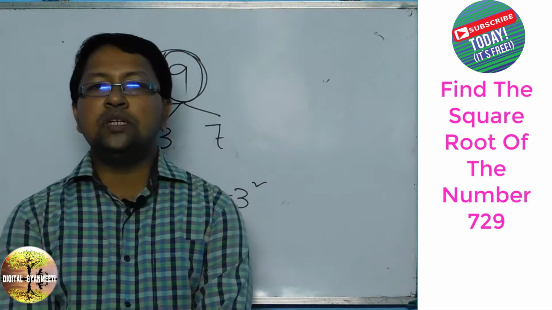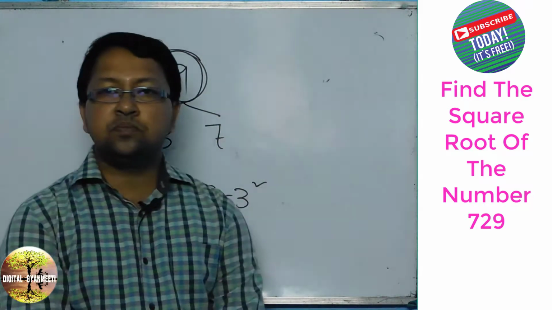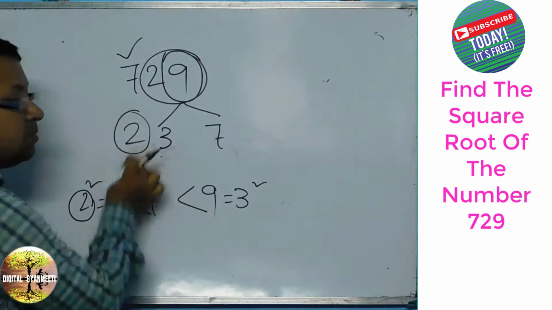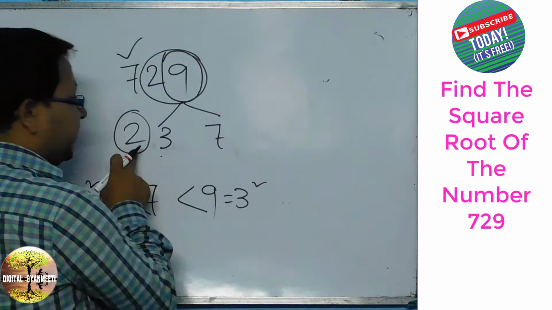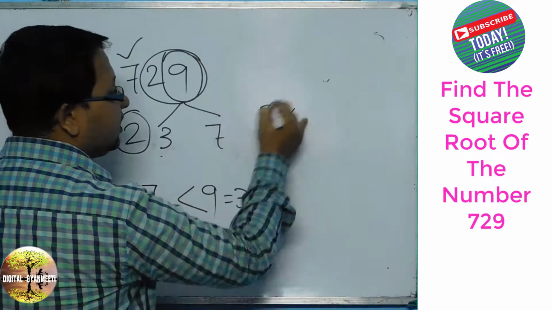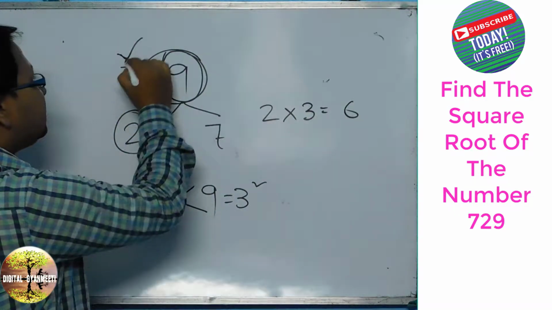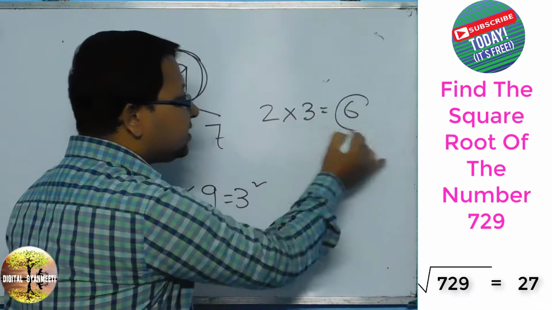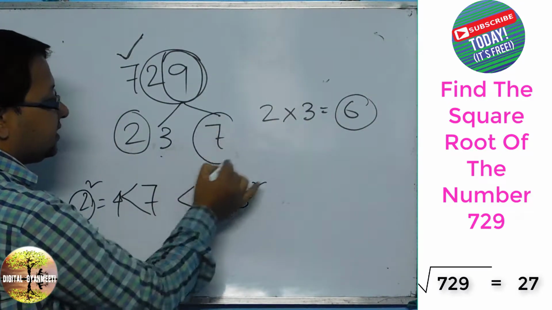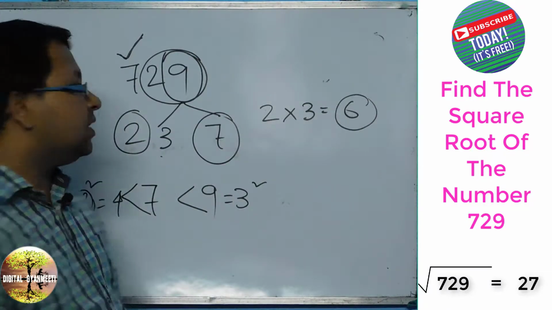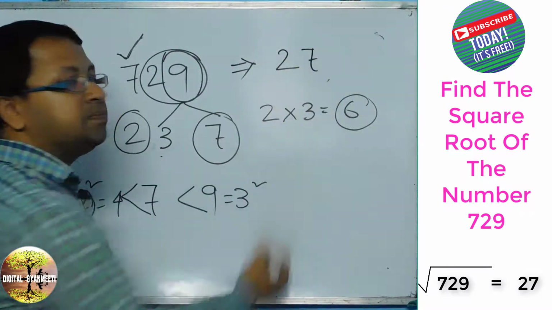Now to find out which number will be in the last place, 3 or 7, we take this number 2 and multiply with the next number, that is 3, and we find it is 6. And this 7 is greater than this number, so we choose the larger one, that is 7. Then the square root of this number is 27.